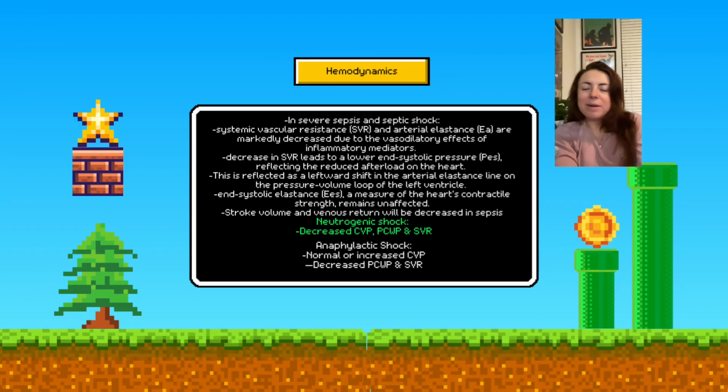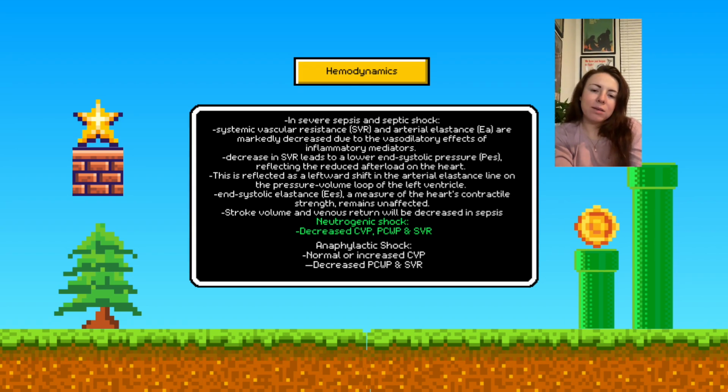For this hemodynamic slide, we can see that pretty much everything is going to be markedly diminished when it comes to sepsis. This slide breaks down how SVR and the EA are both markedly diminished due to sepsis.